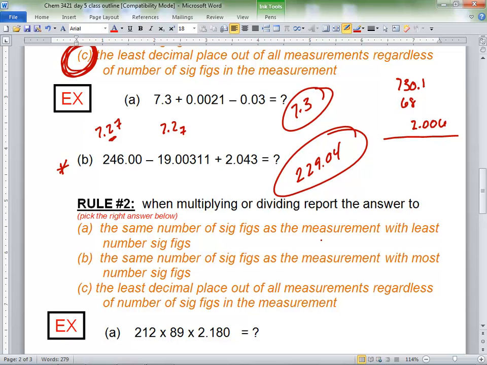Victoria, what would you guess? B or C? B takers?